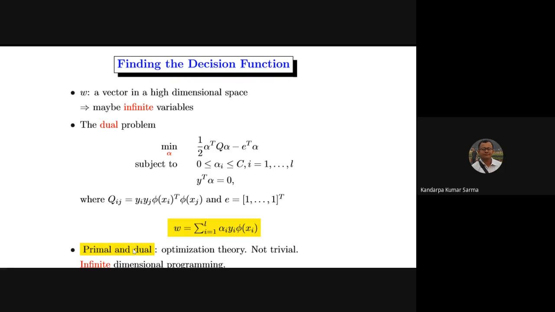Then we can follow that part, and then go for finding the decision function, which starts with a weight that is a vector in a high dimensional space. We may define infinite variables.